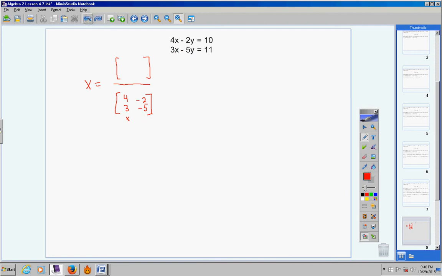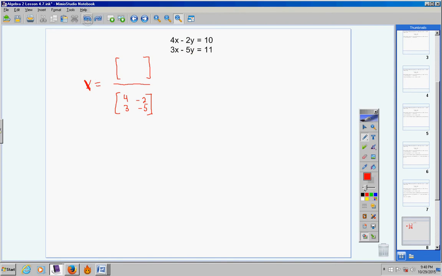Now, next, here's what you do. You say to yourself, what am I solving for? Well, I'm solving for x. So since you're solving for x, you're going to come up here, you're going to drop out the x column. Now if I was solving for y, if this was a y over here, then I would come up here and drop out the y column. Do you understand what I'm saying?